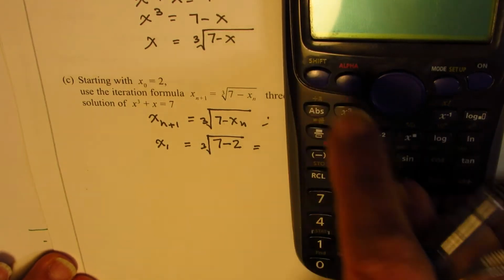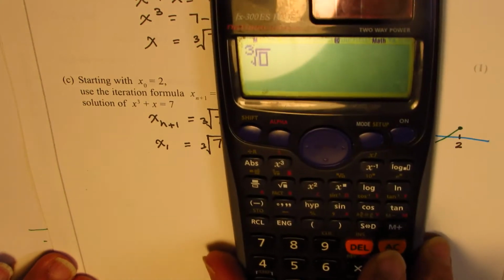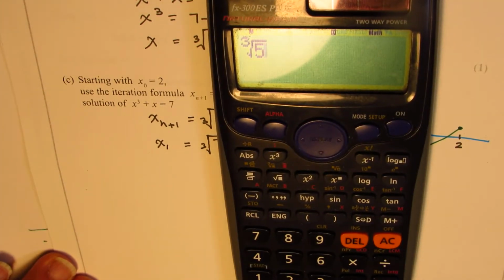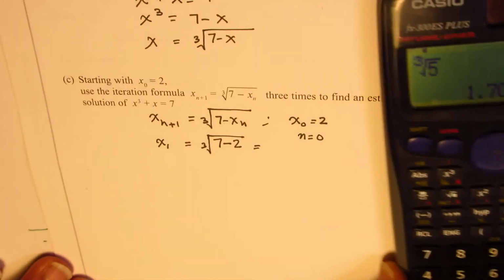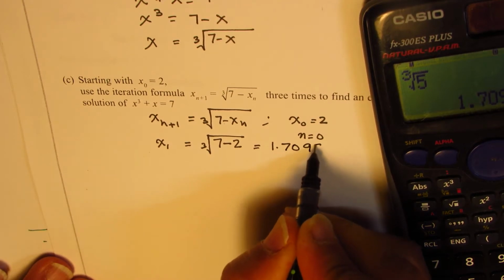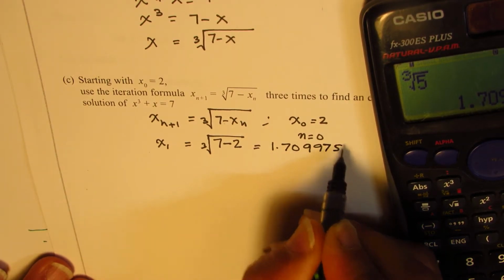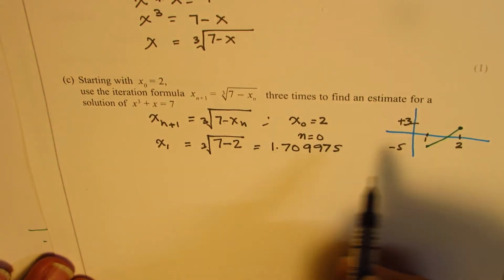So we'll do cube root of 5, 7 minus 2. And that is 1.709975. Let's write down this value.